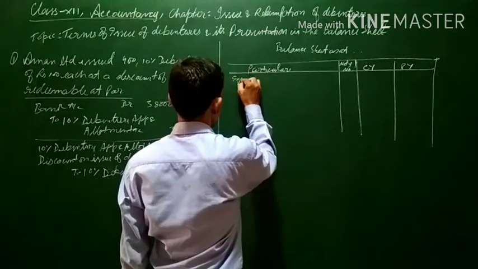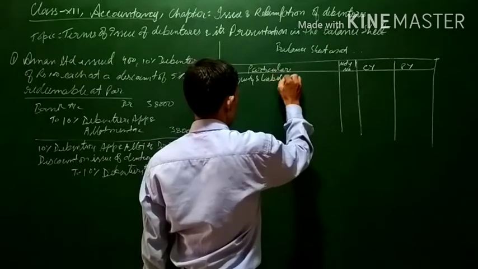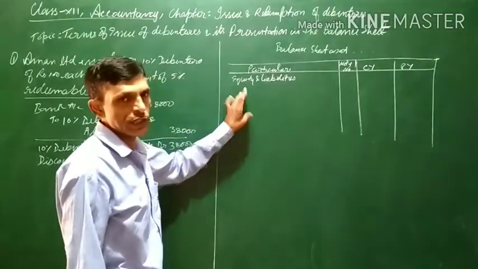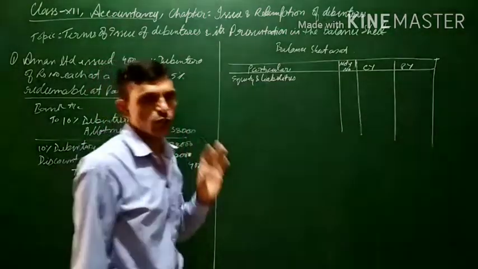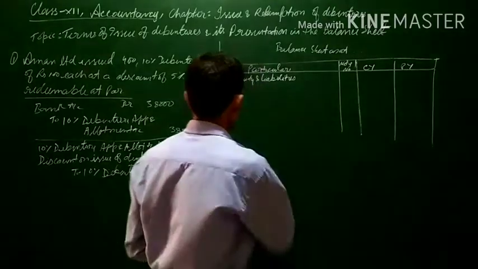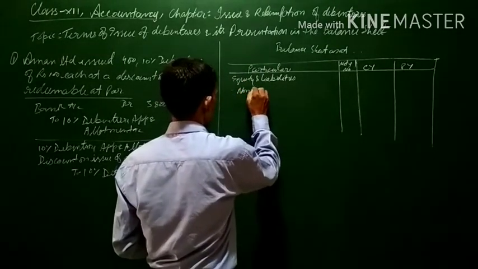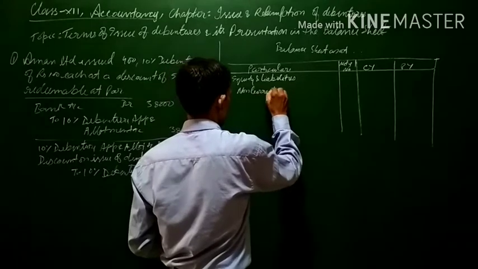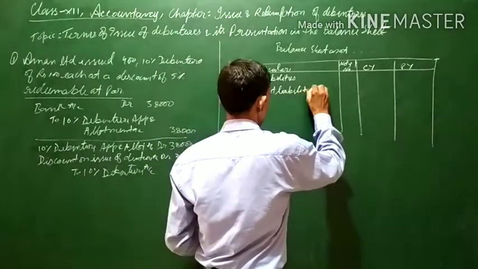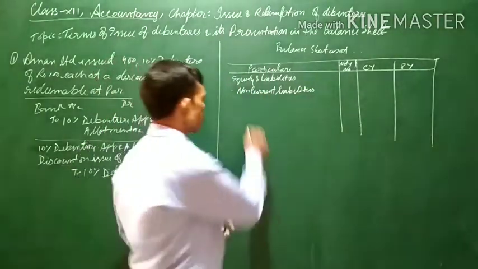Very first, equity and liabilities. Now, as we know, first of all, the non-current liabilities are written, then current liabilities are written. But as you know, these debentures represent long-term liabilities. So under non-current liabilities, we will write long-term borrowings.